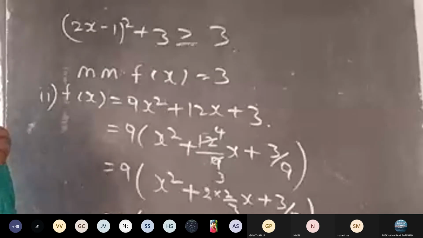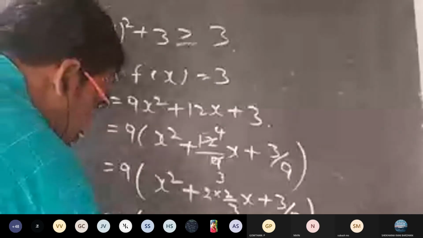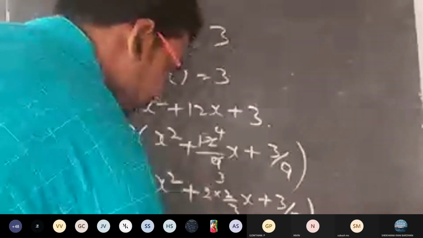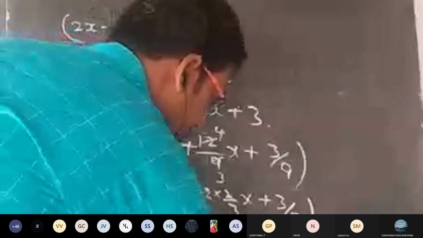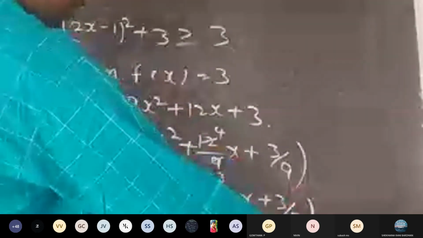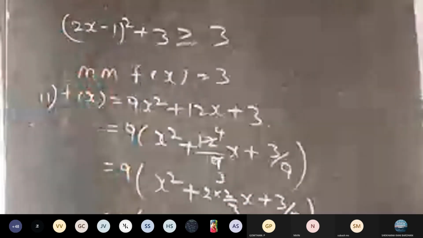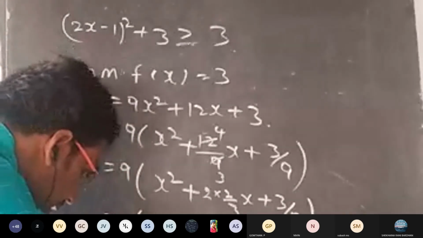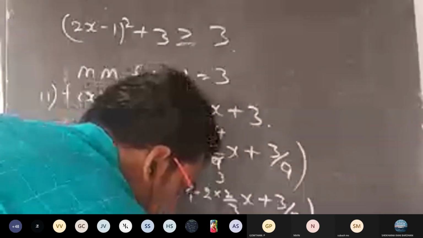So 9 into (x plus 2 by 3) whole square plus 3 by 9 minus 4 by 9. 2 into 2, 2 square is 4, 3 into 3 is 9. Minus 1 by 9. So finally, 9 into (x plus 2 by 3) whole square minus 1 by 9.